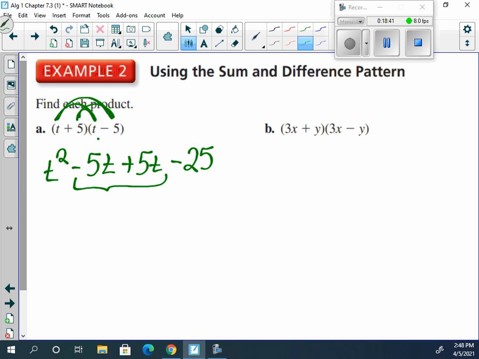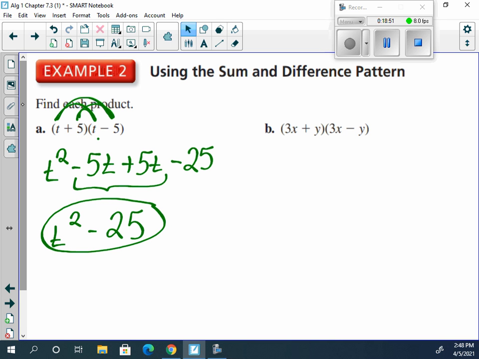Wouldn't the 5t just get erased? Now, when we look at the middle two terms, we have negative 5t and 5t, yes? Negative 5 plus 5 is 0. So the middle terms will cancel out.